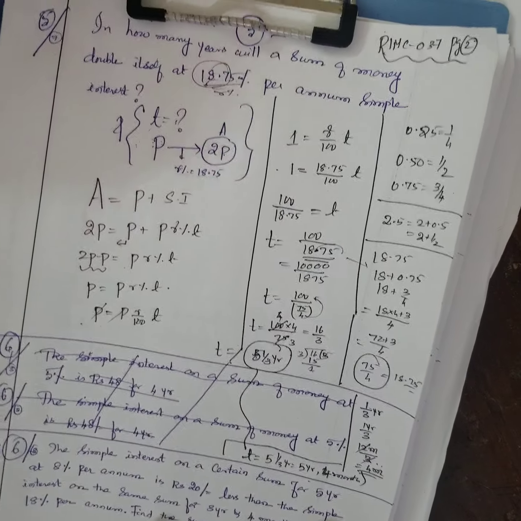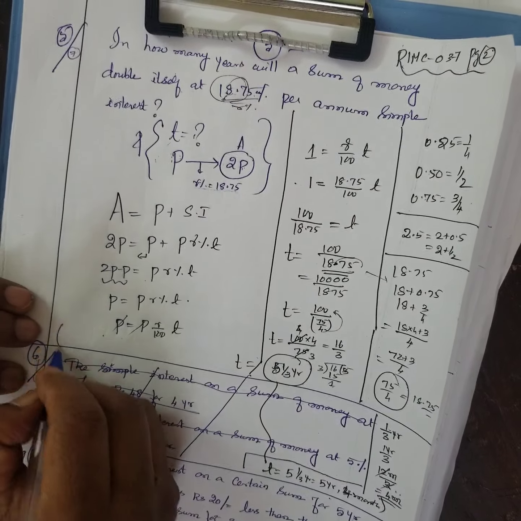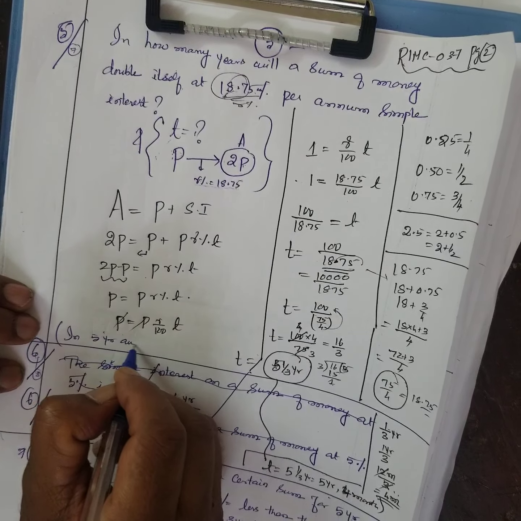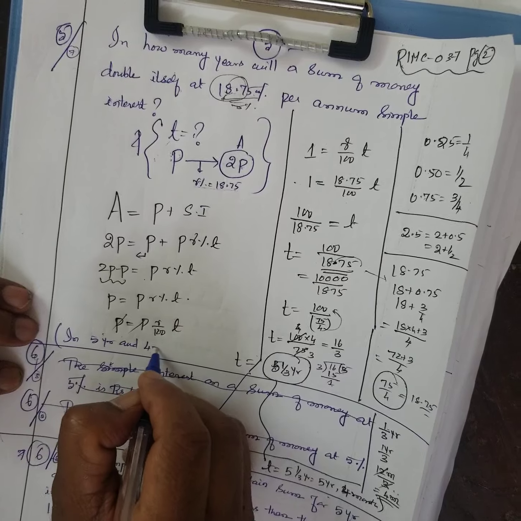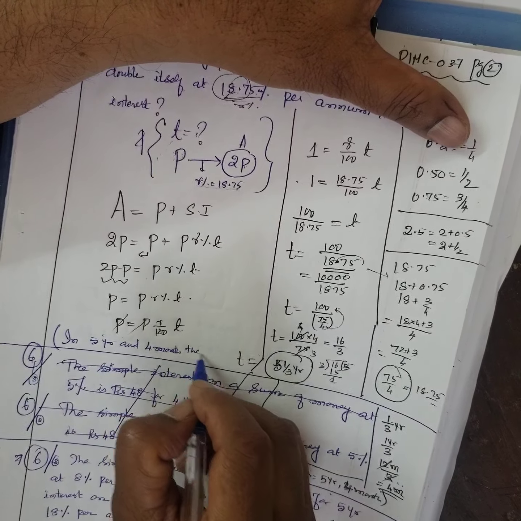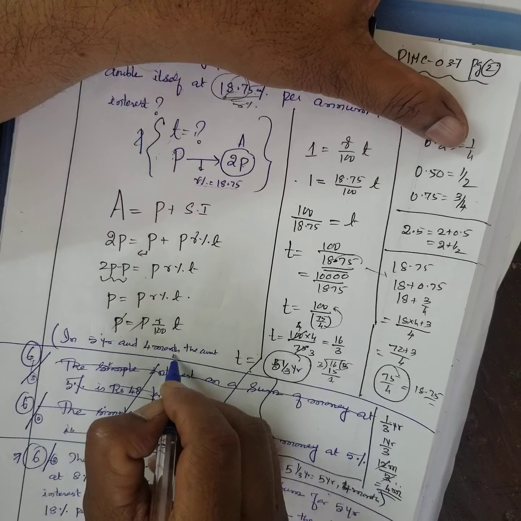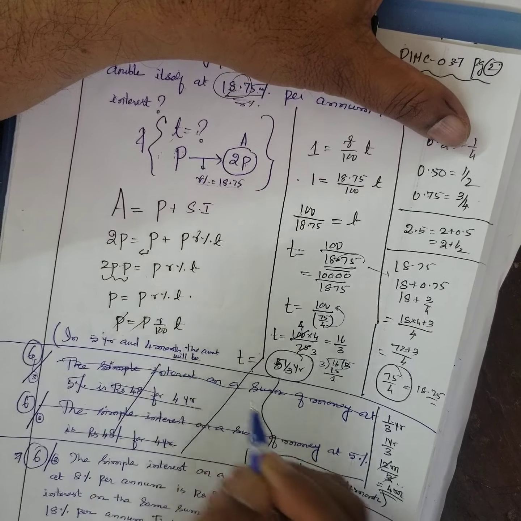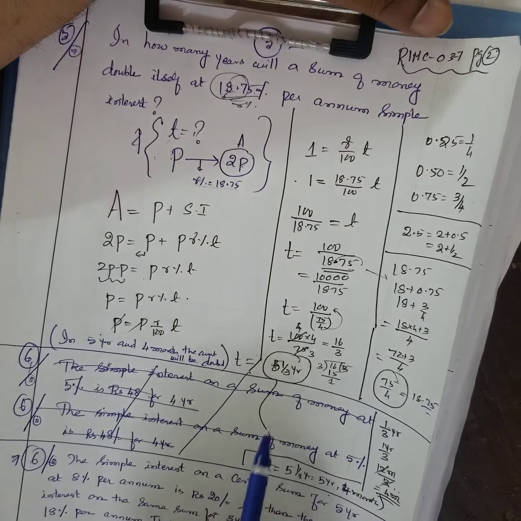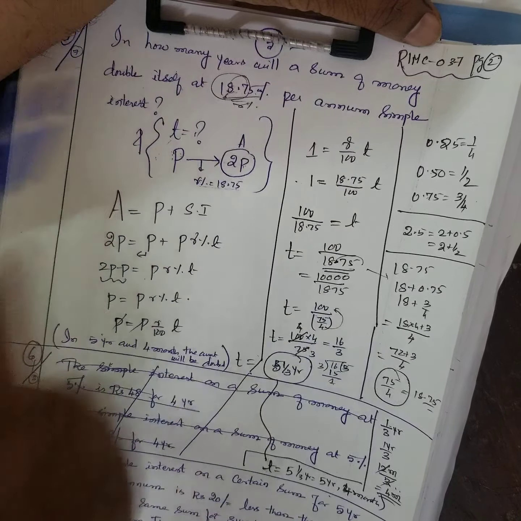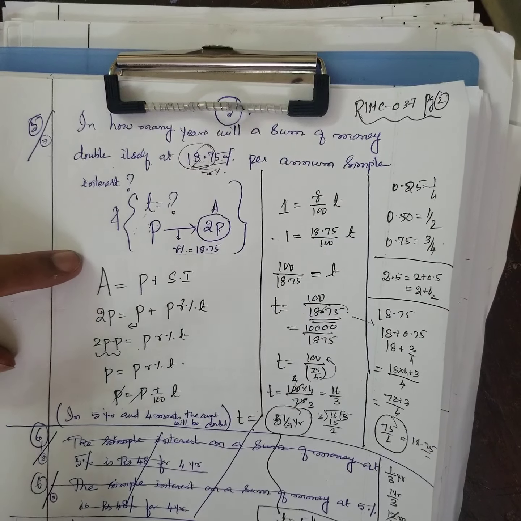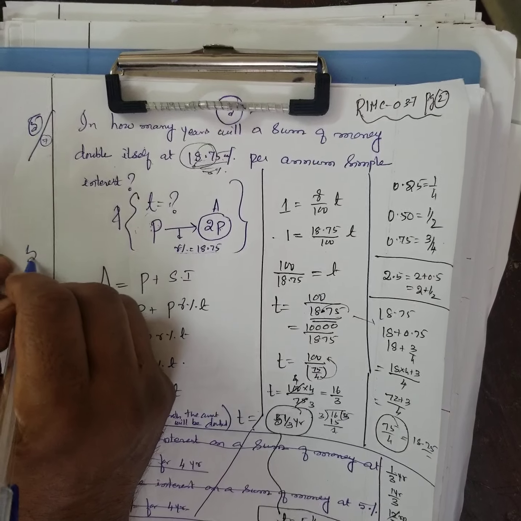In 5 years and 4 months, the amount will be doubled. You understood? This is a 5-mark question.